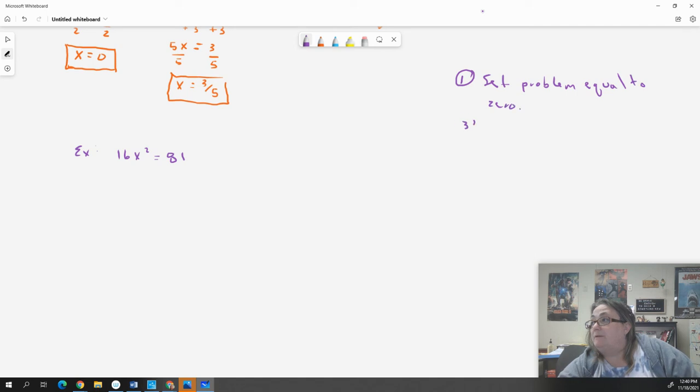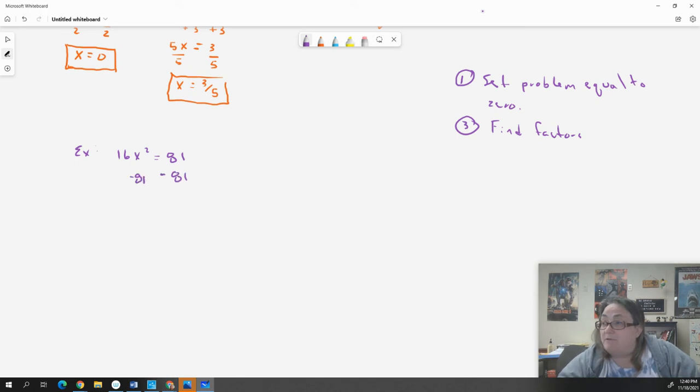Then the next thing you want to do is factor. Find your factors. So let's do that. 16 and 81, they don't have a ton in common. But first, let's subtract 81 from both sides so that we're set equal to 0.